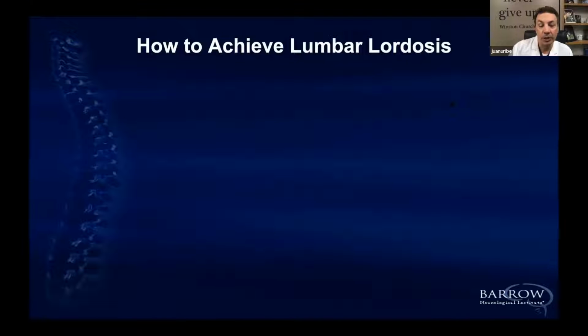So then the question is how you achieve lumbar lordosis. You guys nail basically everything that I want to show here. One is positioning, which is very important. That's why I'm getting so interested right now in prone laterals, because I'm taking not only the procedure itself, but also the positioning.